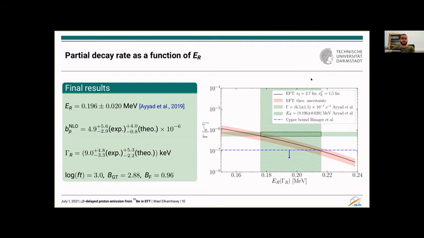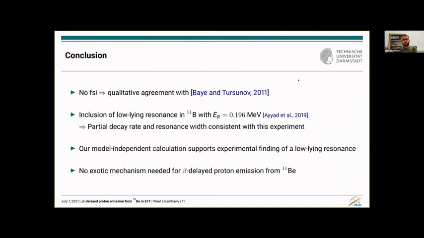And with that, I'd like to conclude. So we saw that if we do not take into account final state interactions, we get a qualitative agreement with Bay and Tursunov's cluster model calculation from 2011, but we're still far away from the experimental results, which is why we included then a low-lying resonance in boron 11 using the resonance energy by Ayat and company, and found that the partial decay rate as well as the resonance width is consistent with this experiment.